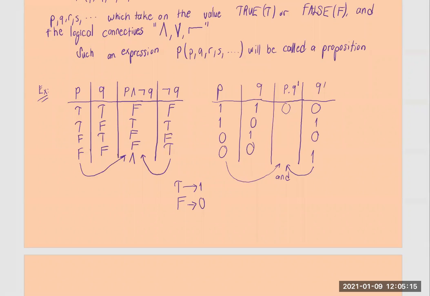Something is wrong because I got here a true. P and not Q: 1, 0, 1, 0, 0, 1, 0, 0. Yeah, 1 and 1, I will have here a 1. Okay, 0, 0, I have here a 0.